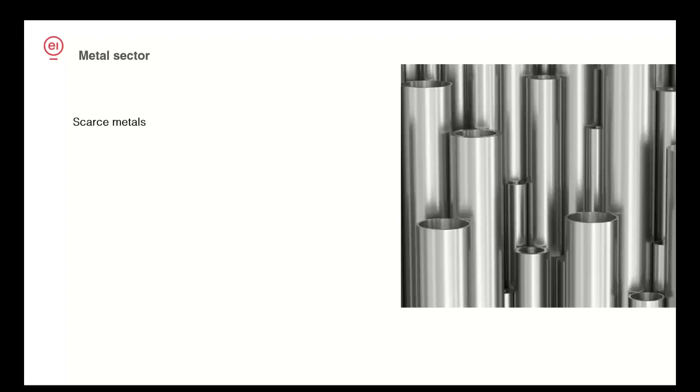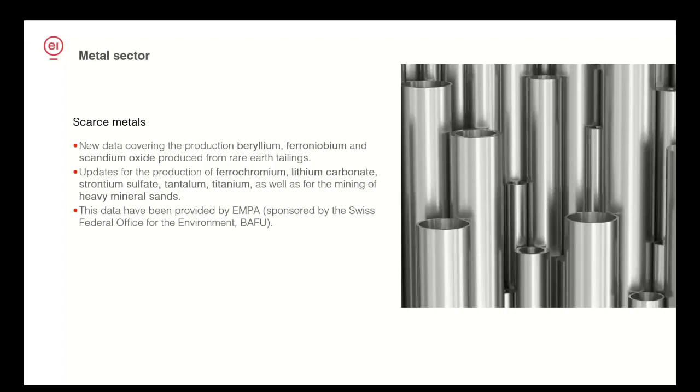So there are several updates and adjustments that have been done on the metal sector. The most important one, or the first I would like to highlight, is the update and the additions we have done around critical and scarce metals.